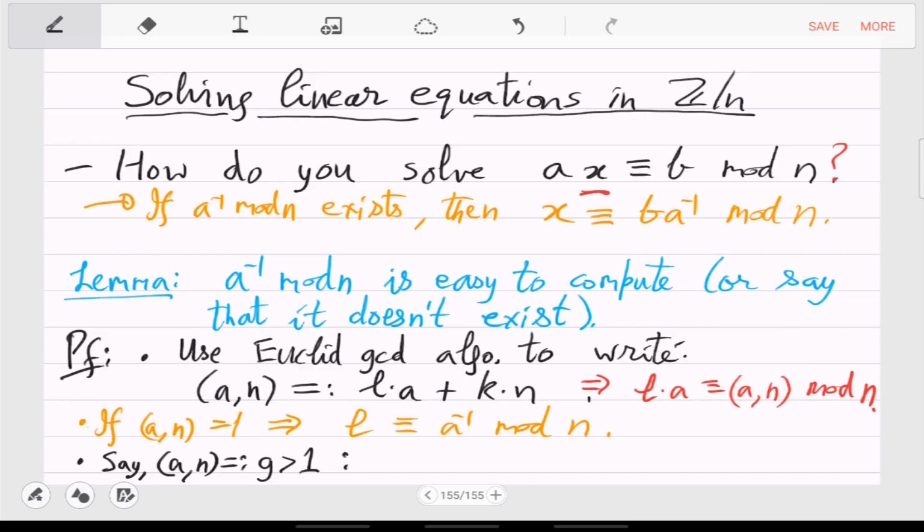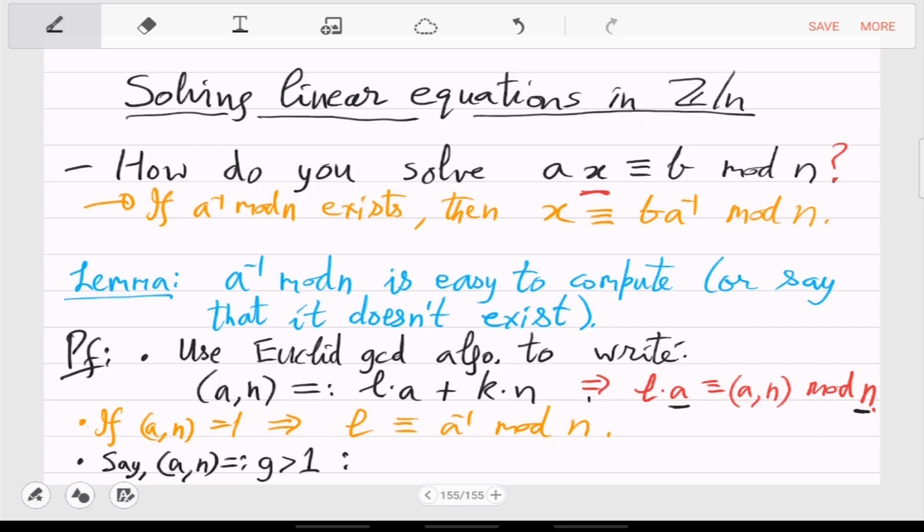Fortunately, even this equation, L times A congruent to G mod n, carries all the information, because G is not arbitrary. G is a number that divides both A and n, right? It divides this and it divides this. So what should you do?